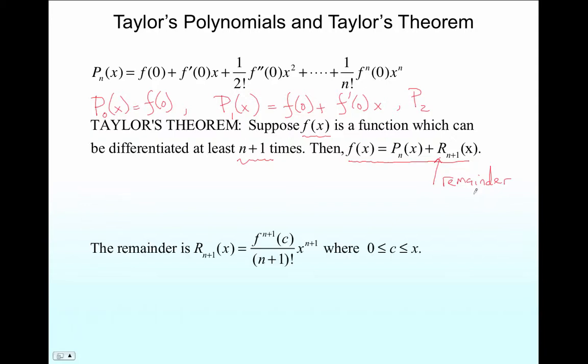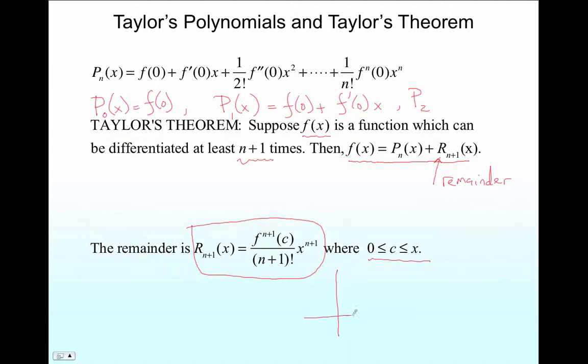How big is it? Here is the real crux of Taylor's theorem. It says that the remainder term is this thing. That is to say, the n plus 1th derivative of f evaluated at some point c, which lies between 0 and x.